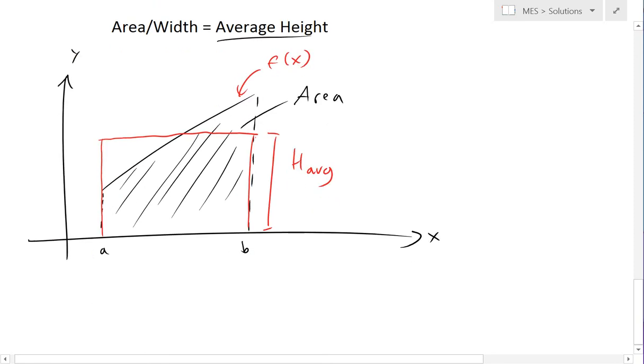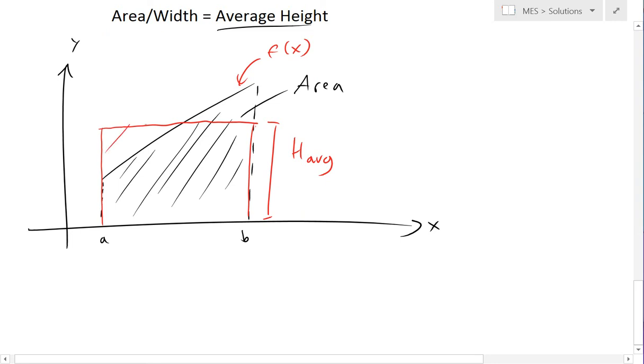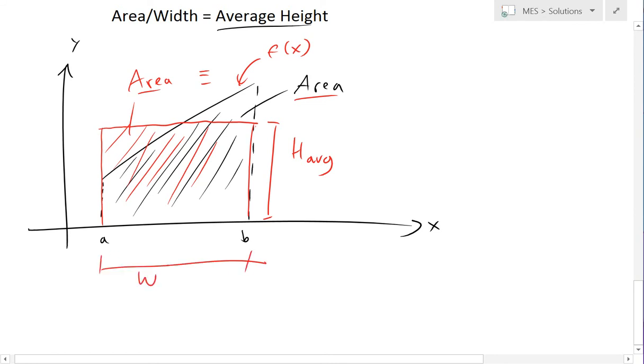Height average, and so now this area right here is equivalent. So this area is an equivalent rectangular area of this one. So these are both the same as this one, and now we have our width right here.